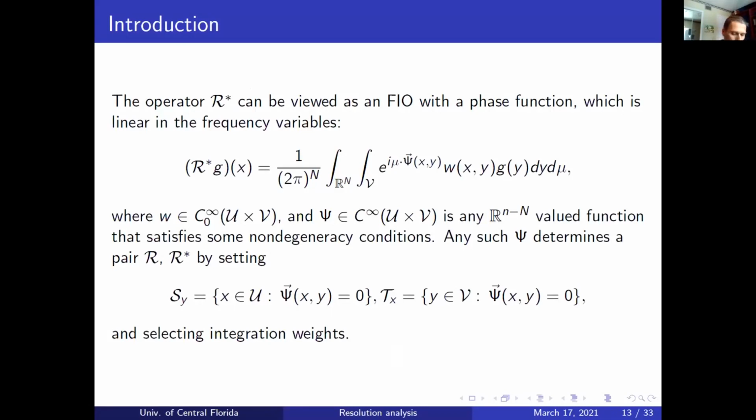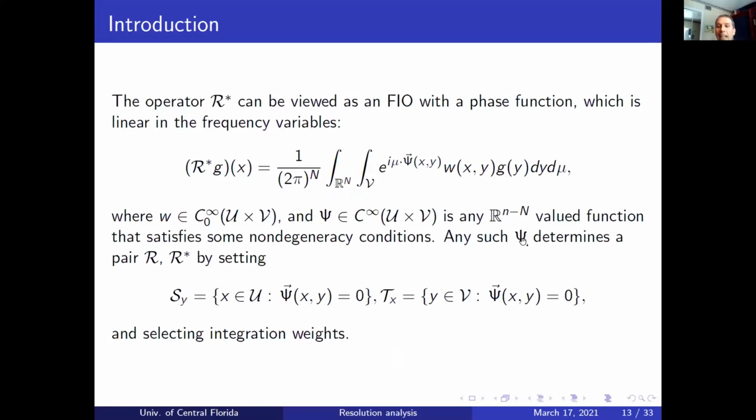There is another way to view this result. Operator R star can be viewed as a Fourier integral operator with a phase function, which is linear in the frequency variables. This is the phase function. Here psi is any vector valued function that satisfies some non-degeneracy conditions.